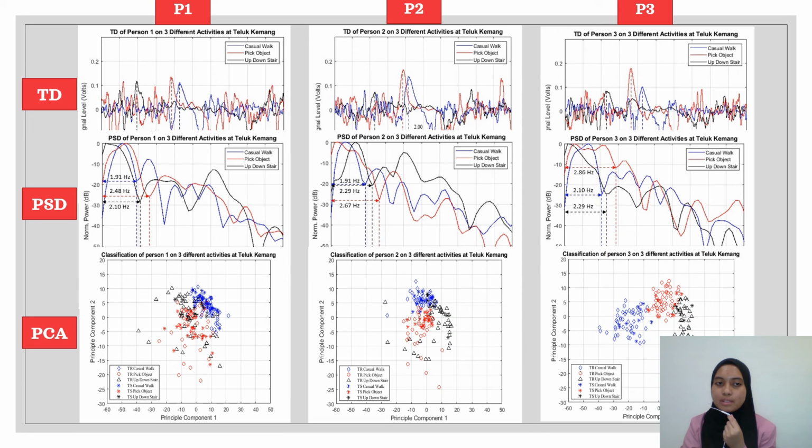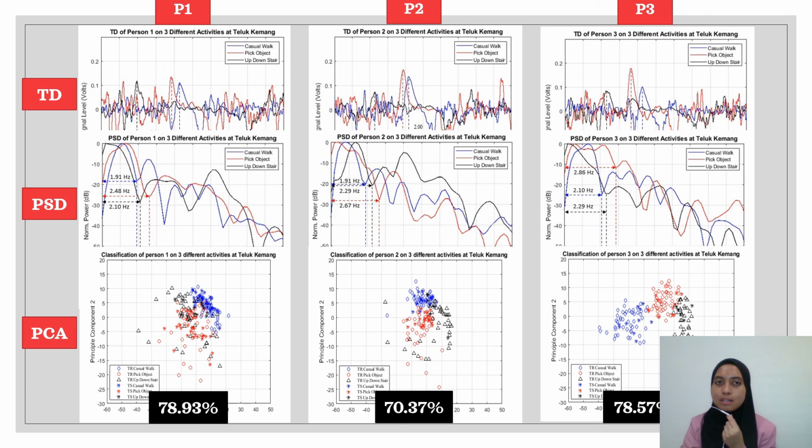Next, in principal component analysis, as you can see, the black cluster is overlapping with both the blue and red clusters for person 1 and person 2 respectively. So, the total classification percentage for person 1 at Teluk Kemang is 78.93%, for person 2 is 70.37%, for person 3 is 78.57%.